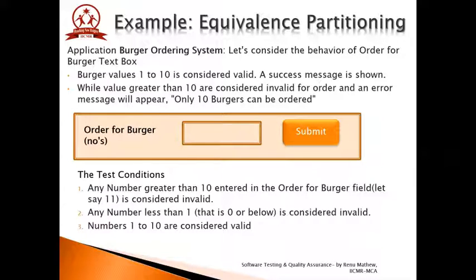Here, the test conditions will be: any number greater than 10 entered in the order burger field, let's say 11, is considered invalid. Any number less than 1, that is 0 or below, is considered invalid. Numbers 1 to 10 are considered valid entries.